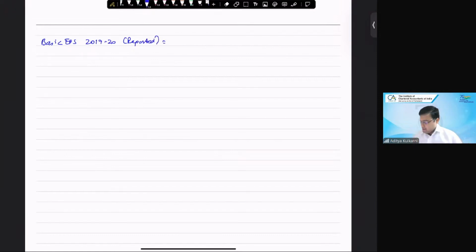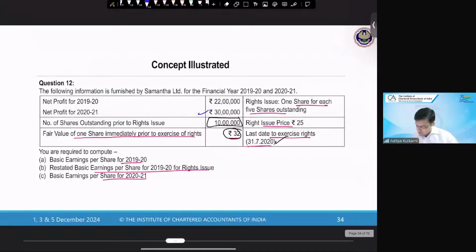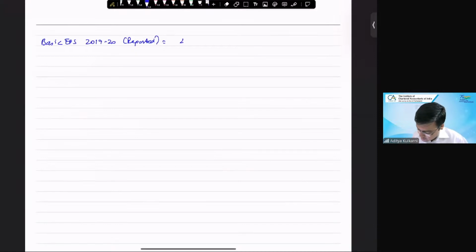What did we report last year? 22 divided by 10 lakhs, divided by 10 lakh shares, is equal to rupees how much? 2.2 per share.